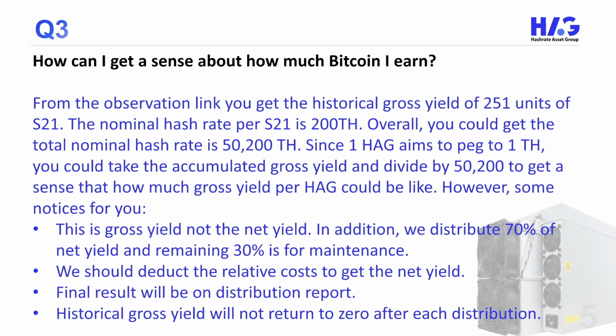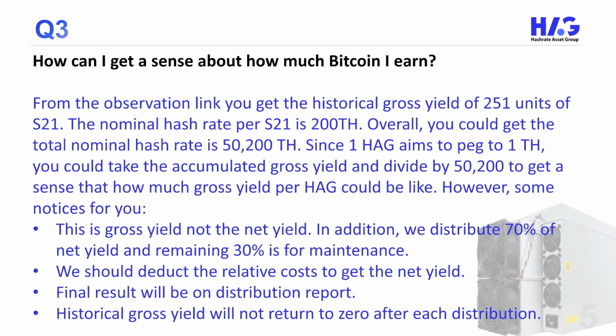I think you could get the total income, or you could accumulate all the incomes within the period that you want to calculate, to get the gross yield for this year or this month. And since we have 251 units of S21 and the nominal hash rate per S21 is about 200 terahash per second, you could take 251 times 200 to get the nominal total hash rate of around 50.2k terahash per second. Right?